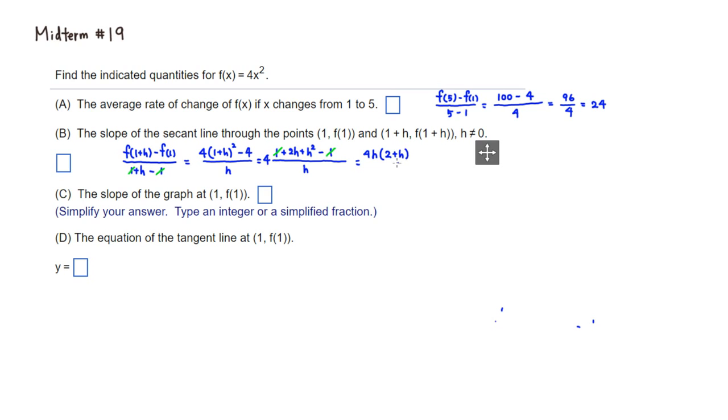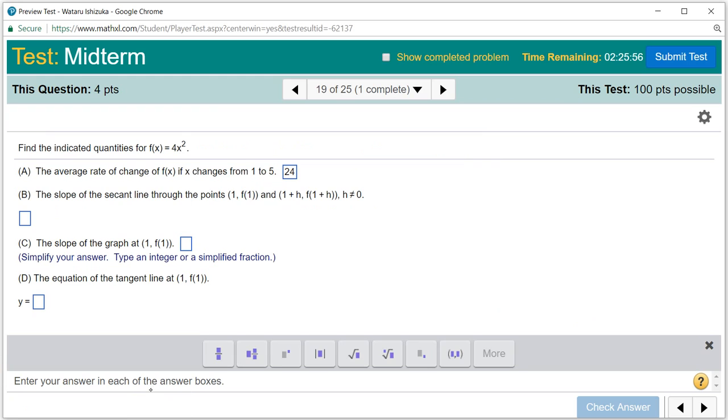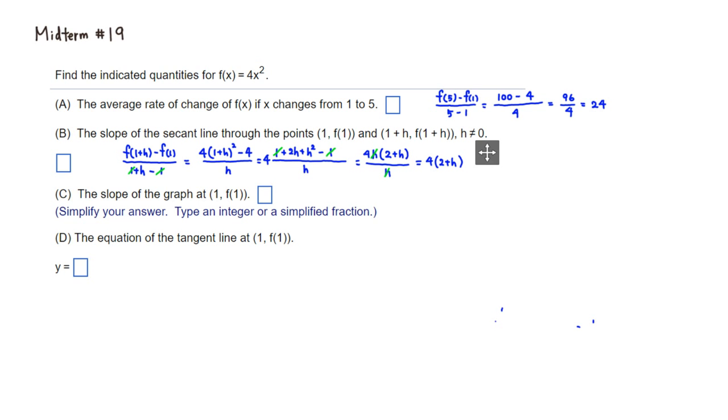Then you divide by h, and you can cancel h on top and h on the bottom because h divided by h is 1. Then you get 4 times quantity 2 plus h. So let's type that in.